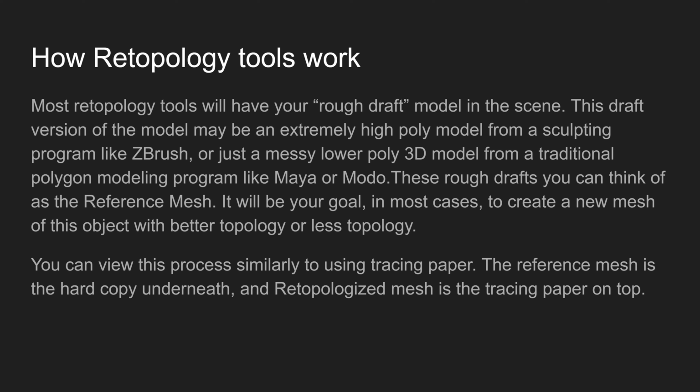These rough drafts you can think of as the reference mesh. It will be your goal in most cases to create a new mesh of this object with better topology or less topology. You can view this process similarly to using tracing paper. The reference mesh is the hard copy underneath, and the retopologized mesh is the tracing paper on top.